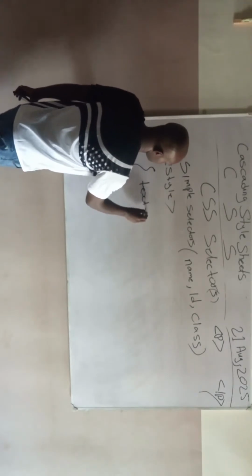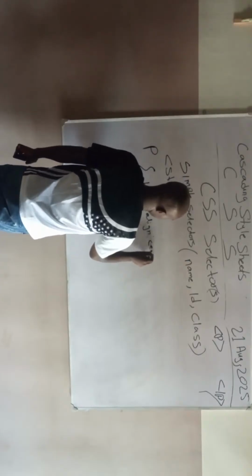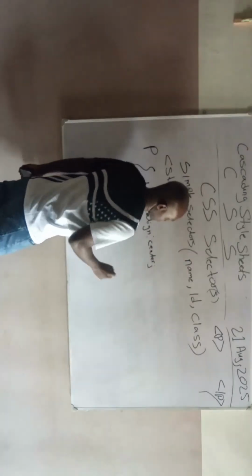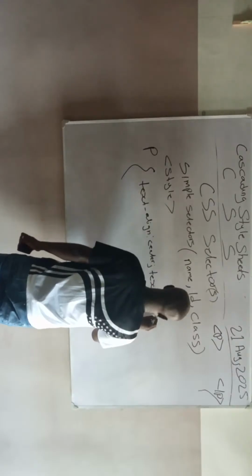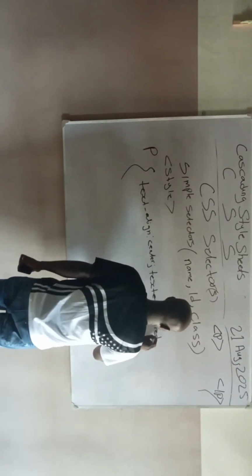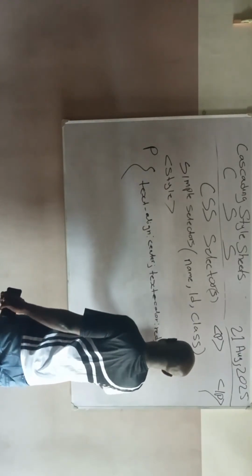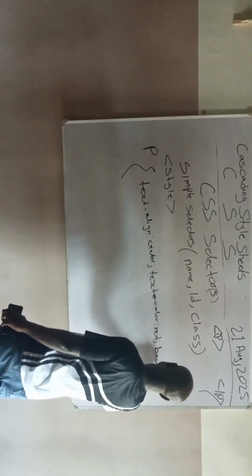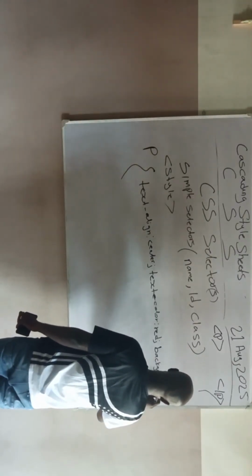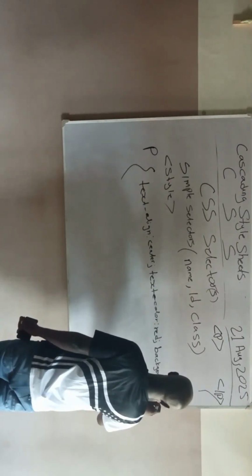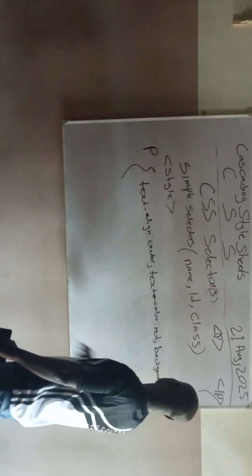Then my block goes like this: text-align: center; text-color: red; background-color: blue.